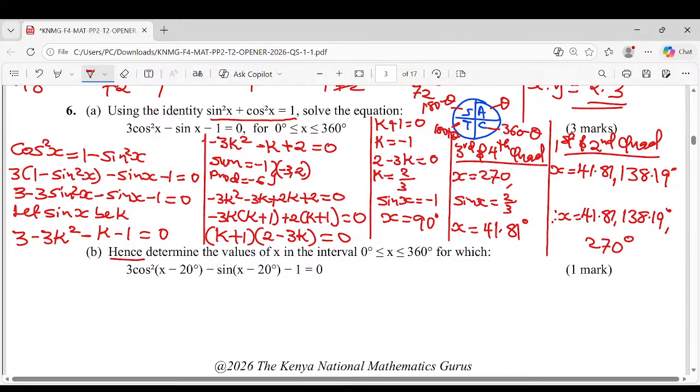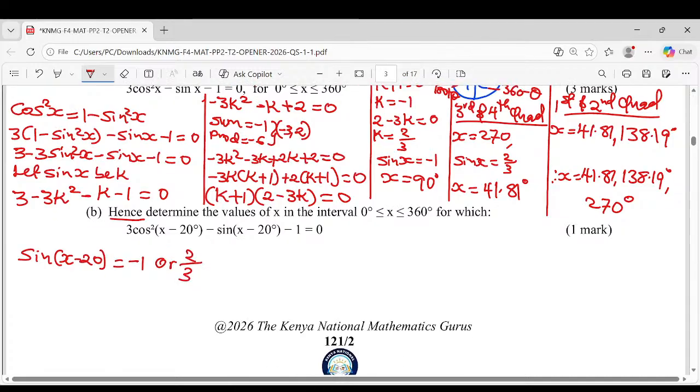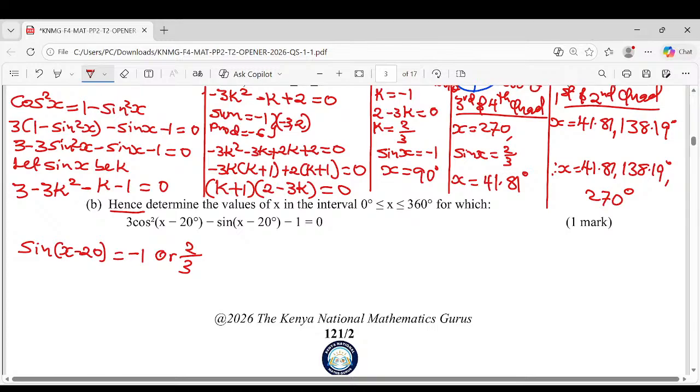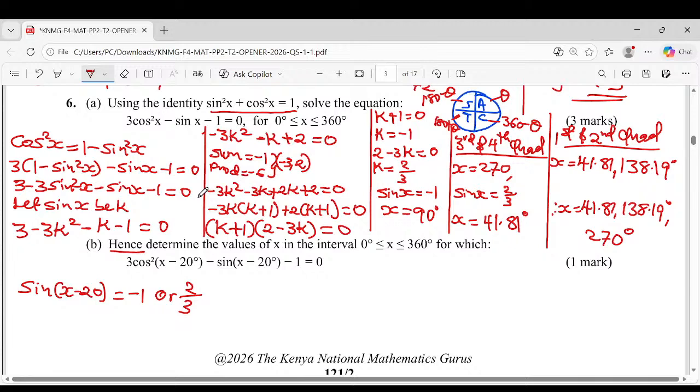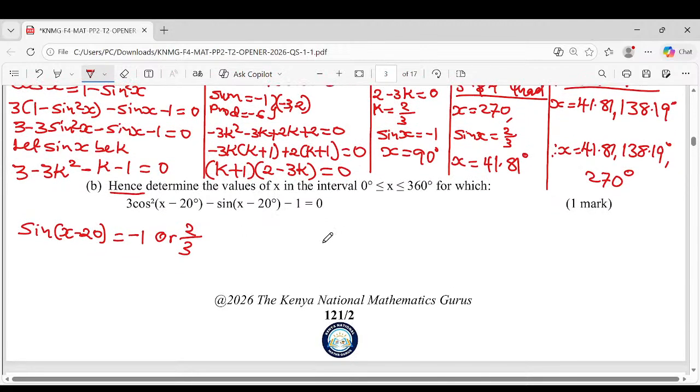So we need to solve sine of (x minus 20) equal to negative 1 or 2 over 3, because remember, x minus 20 is just like saying the x in this particular equation at the top here.